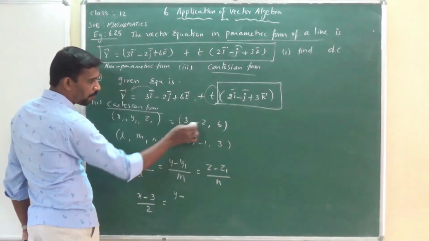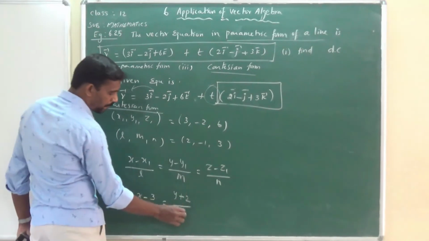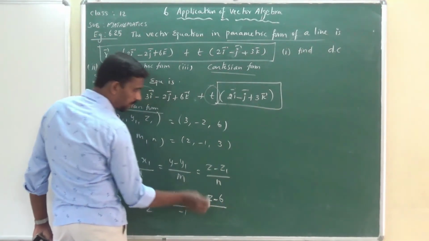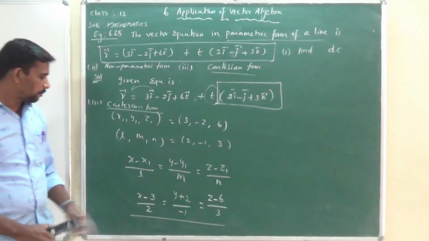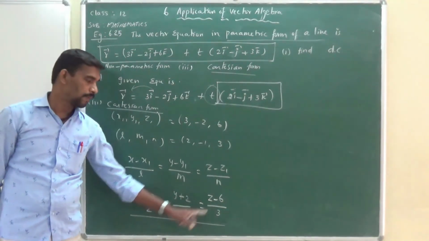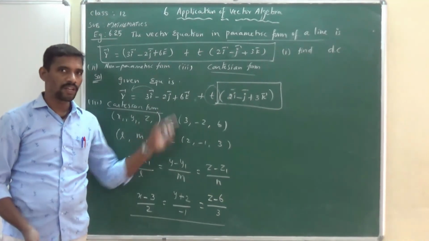Y minus of minus 2 will be plus, so y plus 2 divided by minus 1, and z minus 6 divided by the value 3. So x minus 3 by 2 equal to y plus 2 divided by minus 1 equal to z minus 6 divided by 3. This is the Cartesian form of the given line.